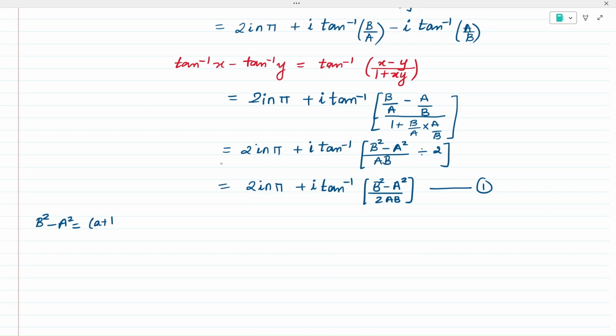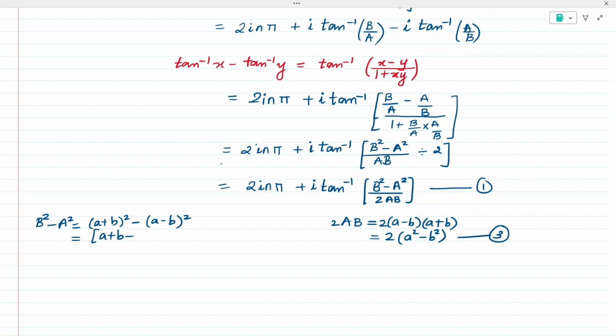So a plus b the whole square minus a minus b the whole square, and मुझे 2ab भी ढूंढना है, तो ये हो जाएगा 2 times a minus b multiplied by a plus b. So यहाँ पे ये हो गया 2 times a square minus b square, and ये हो जाएगा a square minus b square का फॉर्मूला a plus b and a minus b.